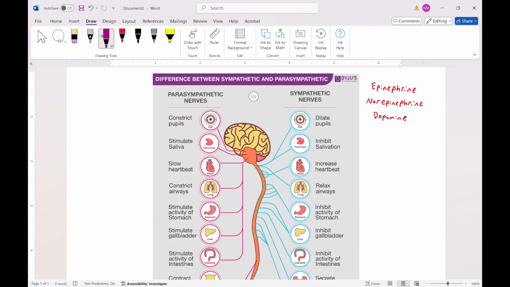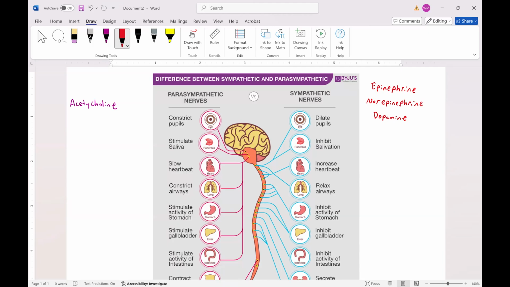Now, on the parasympathetic side, the neurotransmitter that's going to go down and target the receptors on the organs of the parasympathetic side is called acetylcholine.